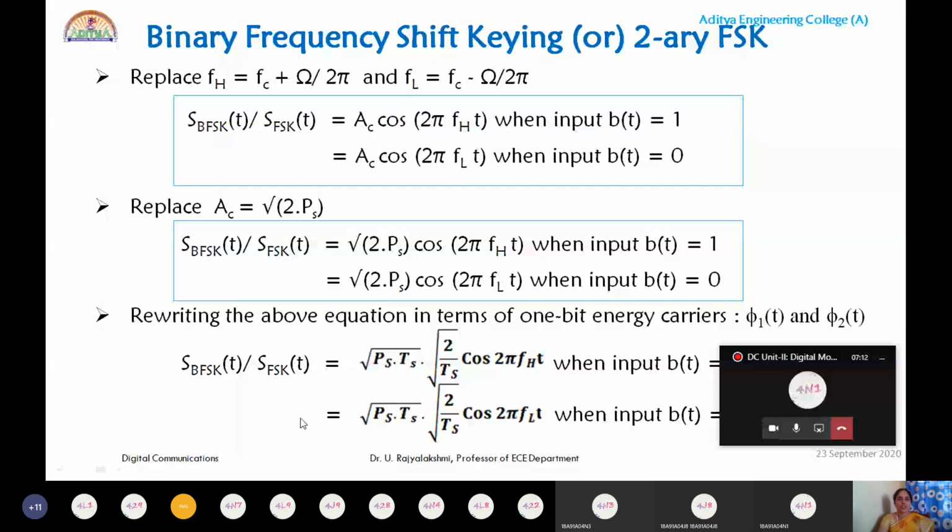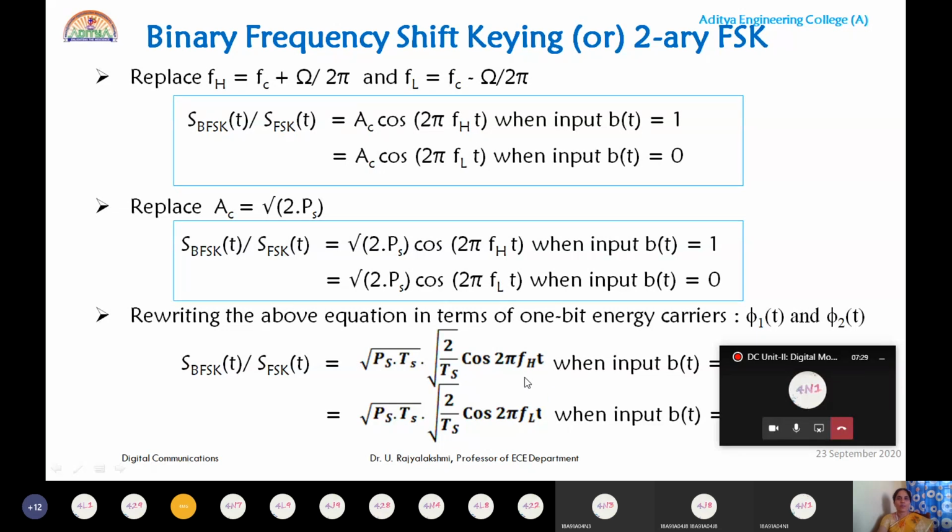That is why we express the above expression in terms of the corresponding two 1-bit energy carriers, both represented in terms of fH and fL. So please replace the above expression in terms of phi1 of t and phi2 of t.